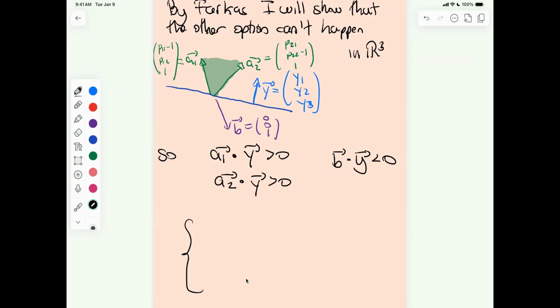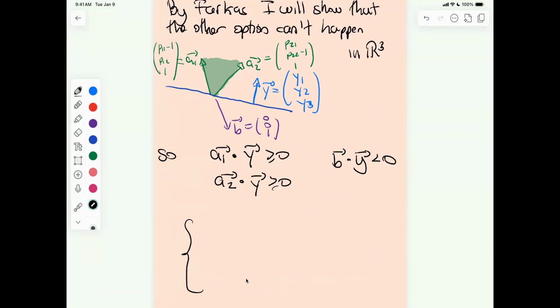So I guess they can just be greater or equal to 0, actually. That's fine. This inequality won't be a problem, because one of the vectors of the cone could be literally perpendicular to it.